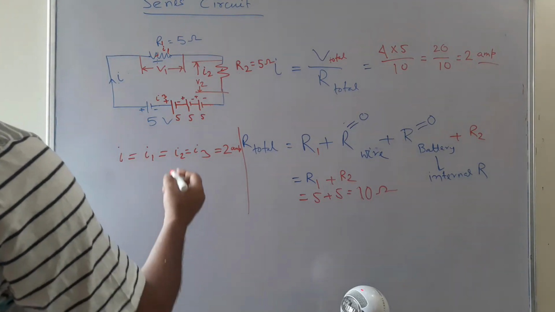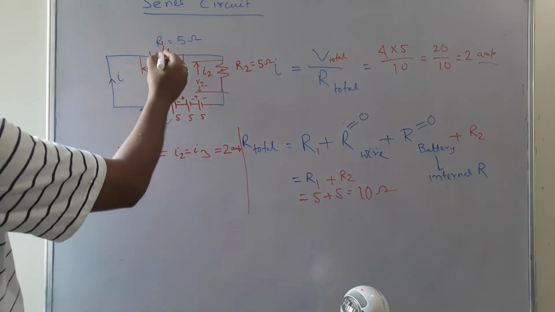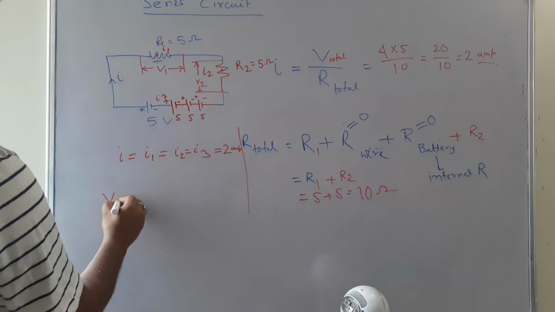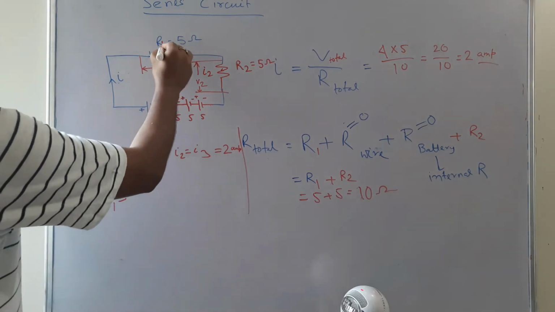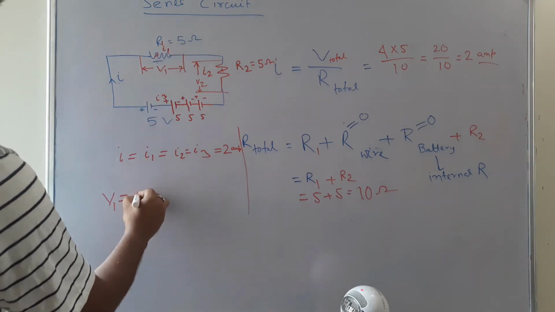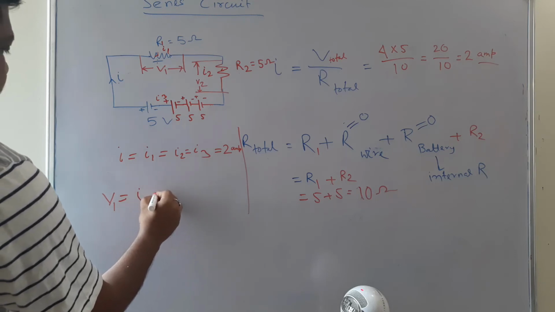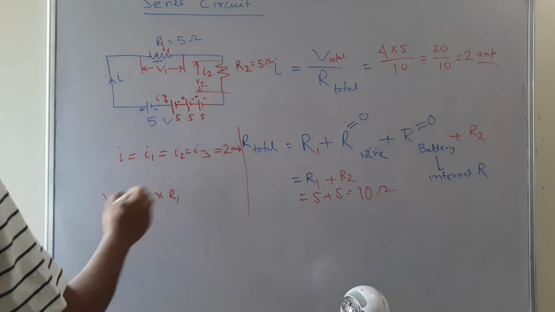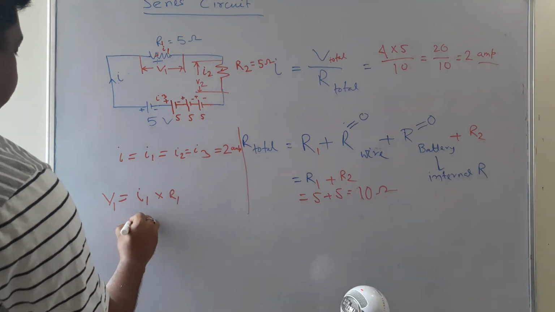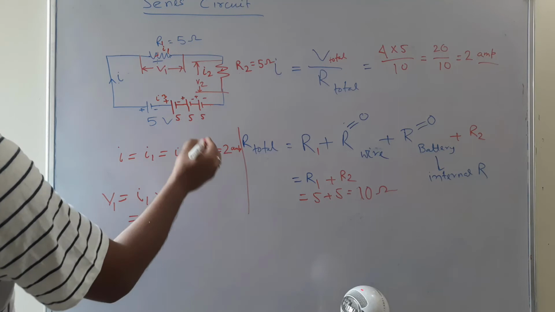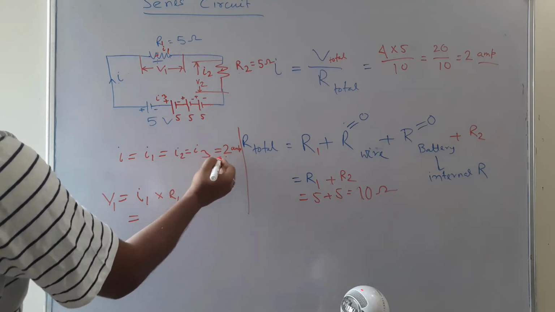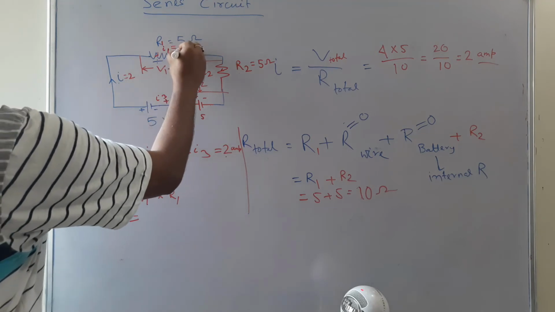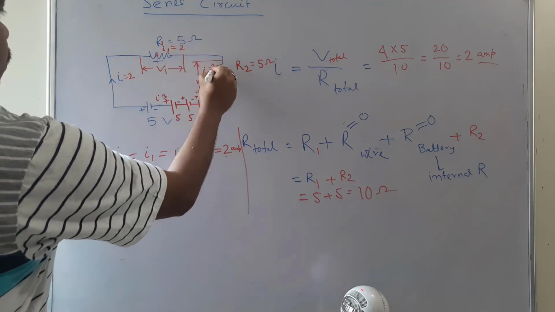Okay, so here voltage V1 is equal to the current flowing through the resistance R1, which is I1. So V1 equal to I1 R1. So I1 is, you know, 2 ampere. So this is 2, this is 2 and this is 2.